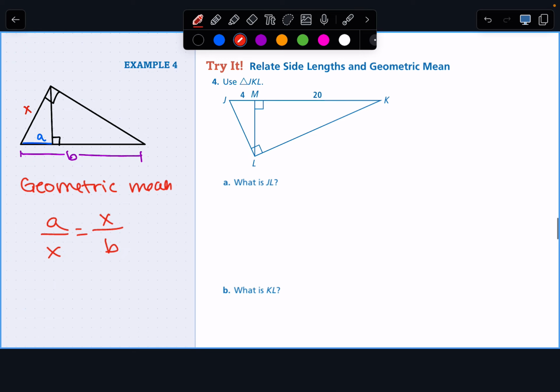Do you see how number 4 is the same picture? It's just kind of rotated. So let's first focus on JL.